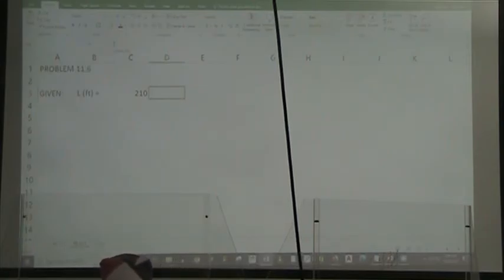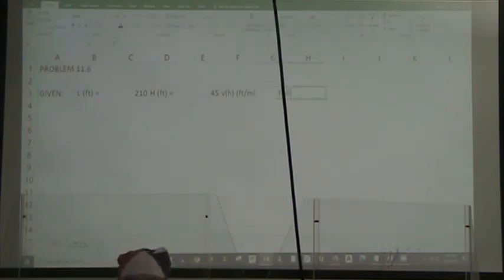And height in feet equals 45. Horizontal, vertical. The velocity in the horizontal direction in feet per minute is 350.